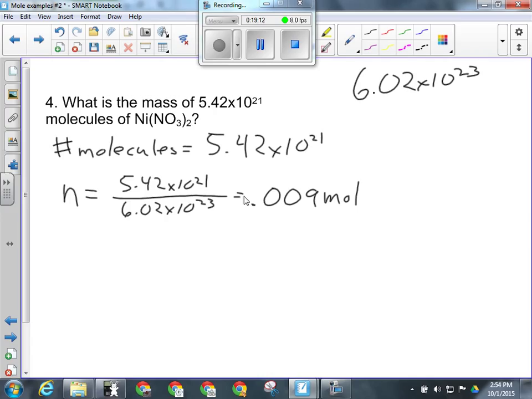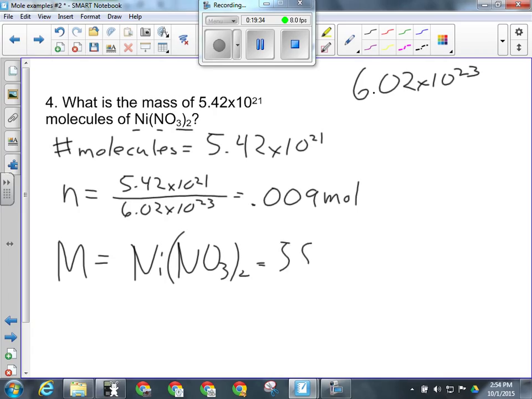Okay, I have n, and the other thing they told me was the material. What can I get with that? Molar mass, right, I got big M. So nickel(II) nitrate is the stuff I'm dealing with. How many nickel are there? 1, and nickel is what, 58.69?